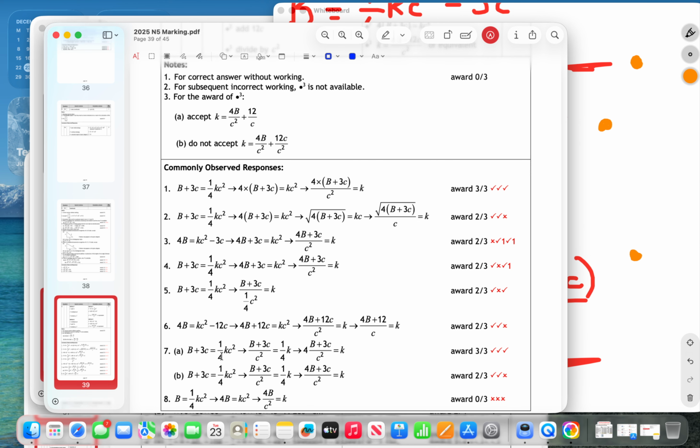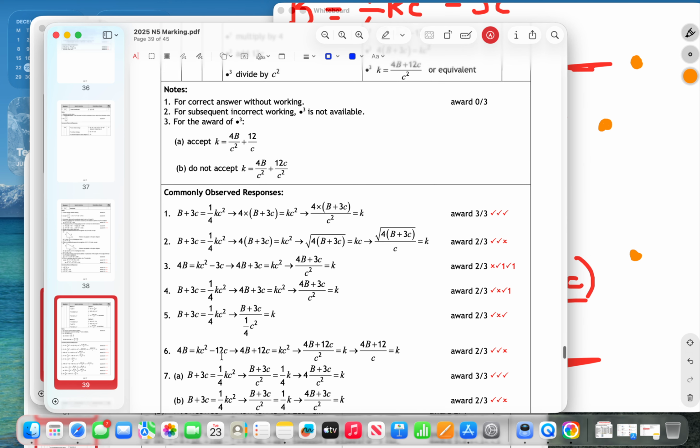And there were quite a lot of ways in which people got this one wrong. What you had a lot of was people taking square roots in the wrong place, and stuff like this.